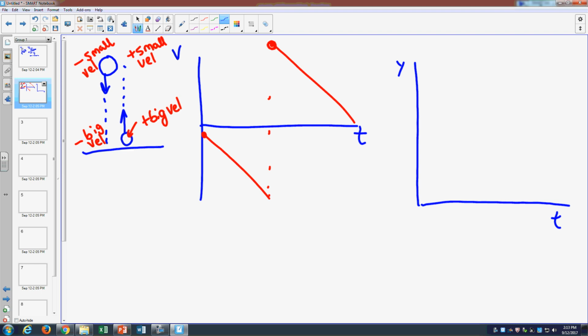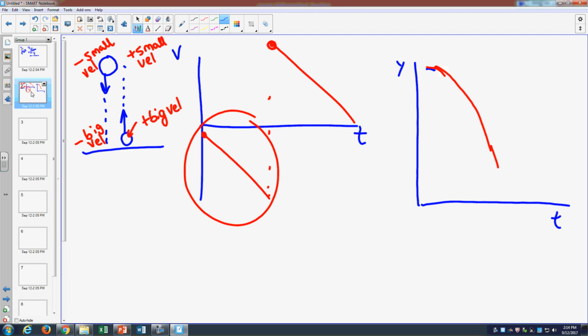Let's just take this part right here. I know that my y versus t graph has to have a negative slope, and it has to be small. So it's going to be sort of like this. Negative small slope, and the slope is going to get bigger. Like that. So for this portion over here, my graph is going to look like this.